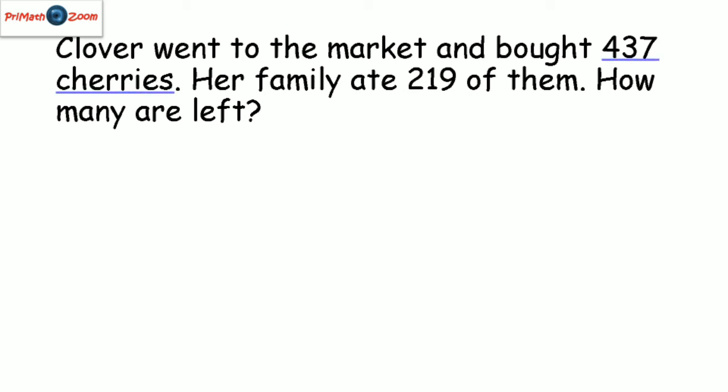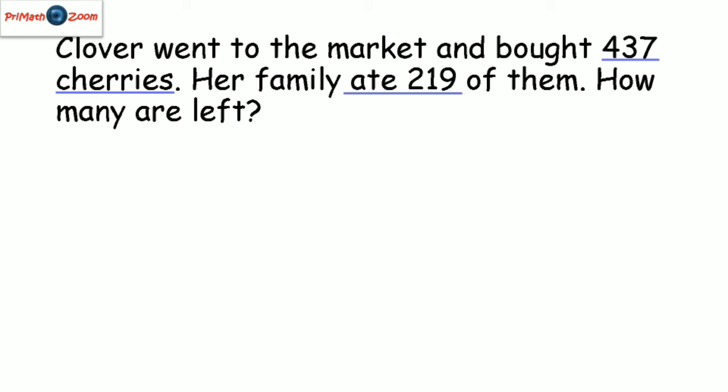So let's underline it. Also, another important point would be where her family ate 219 of them. This is telling us that from the whole 437, 219 of them were taken out. So let us underline 219.